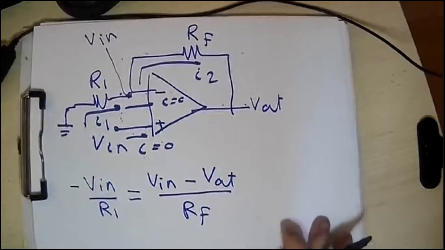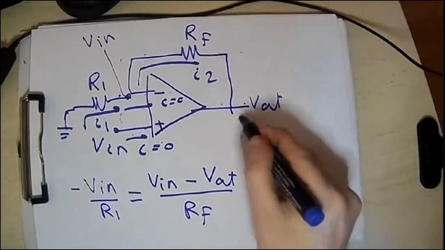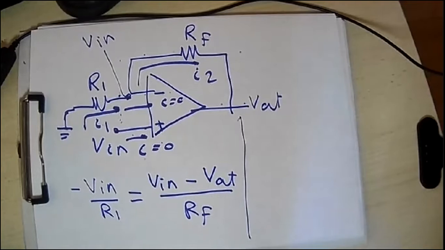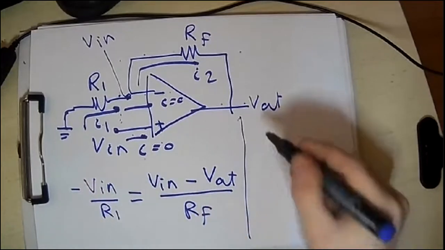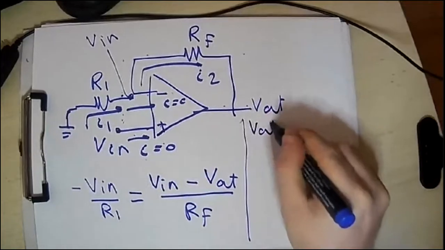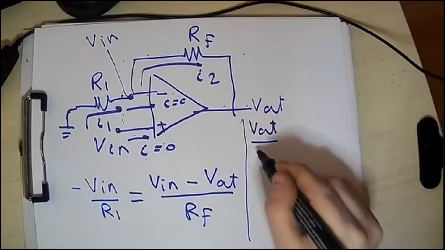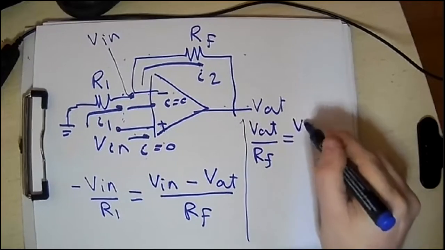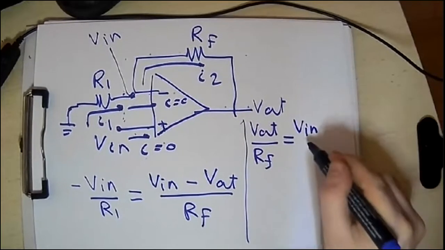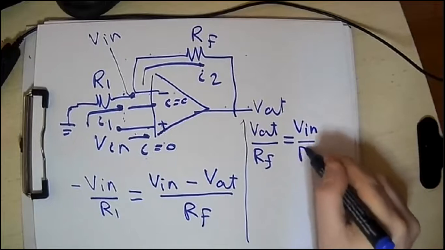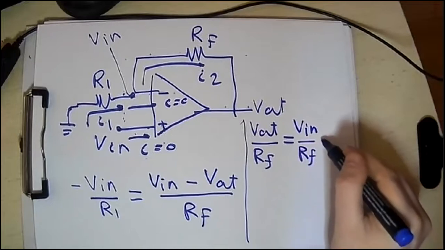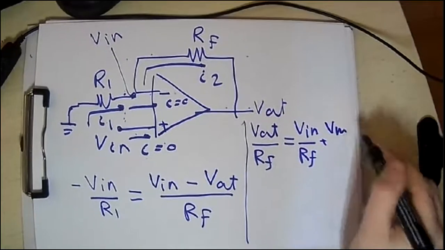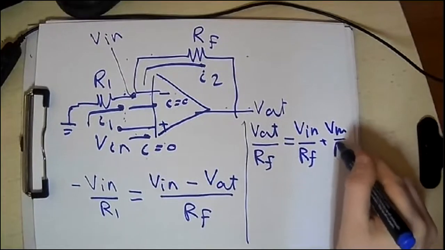So using this equation, you can put Vin on one side and Vout on one side. So we have Vout over RF equals Vin over RF plus Vin over R1.